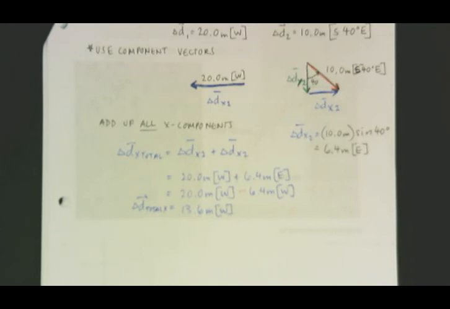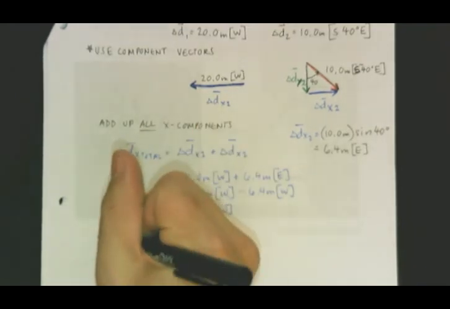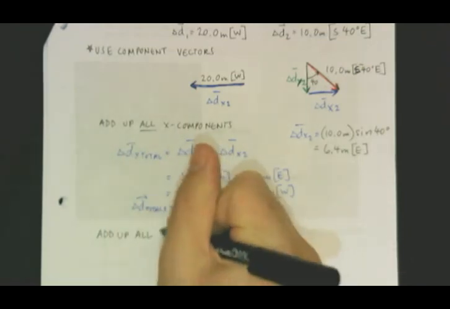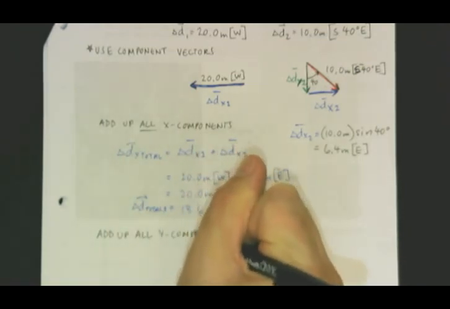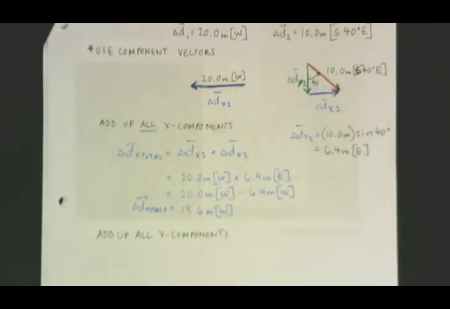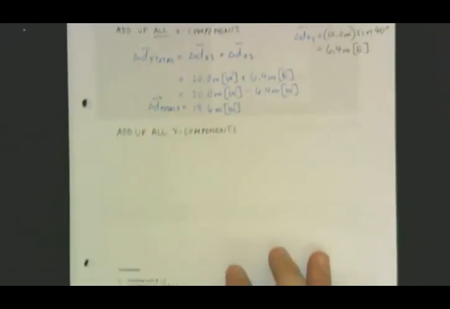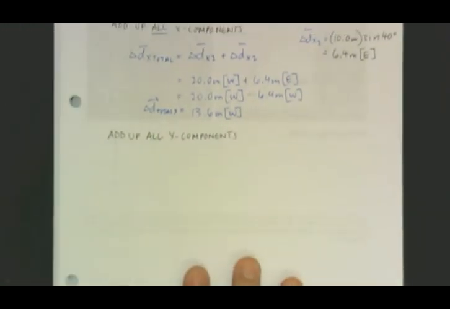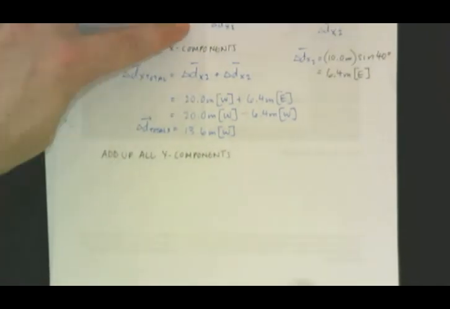So we're going to do the same now, but add up all of the y's. We know that from our original question, vector 1 doesn't have any y component.